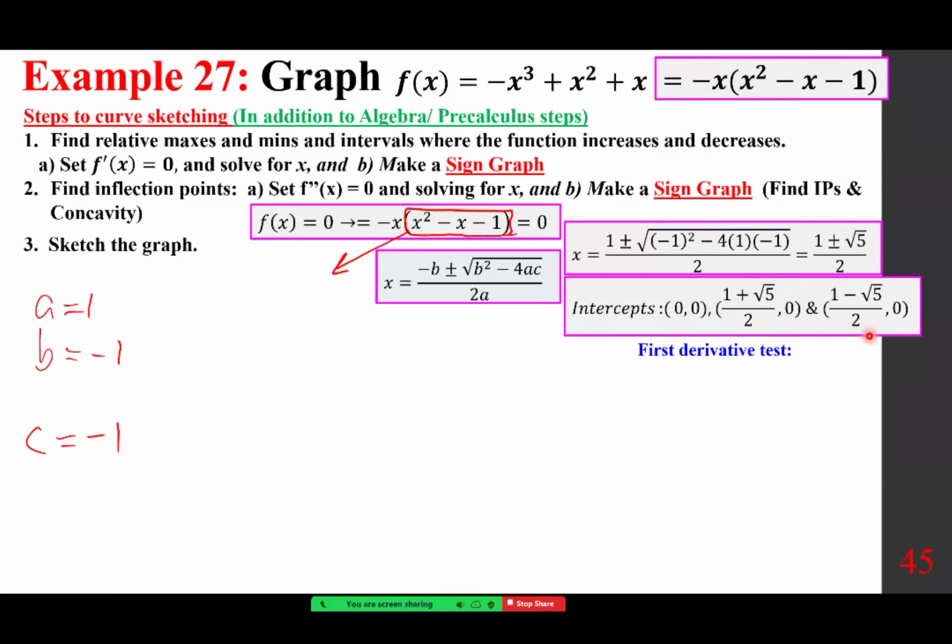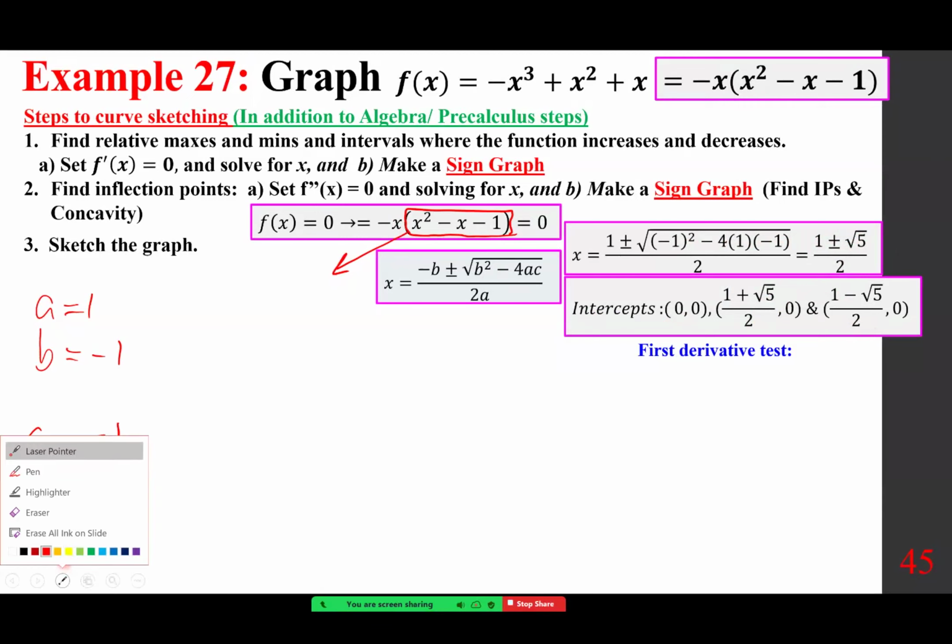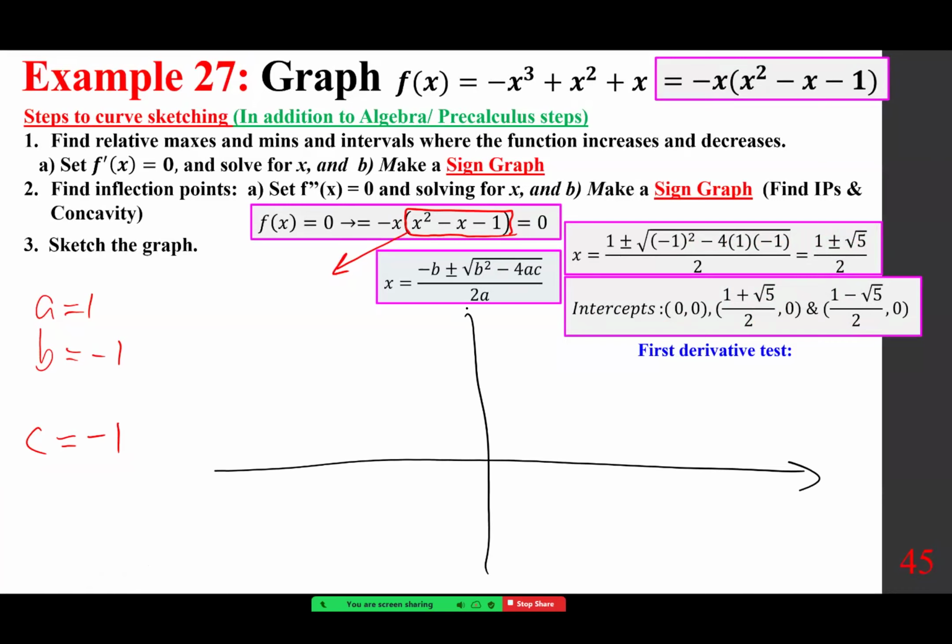Now, what I want to do, I want to show you how to graph this without more details, just the way we have it. This is not to scale. So 0, 0 is here.